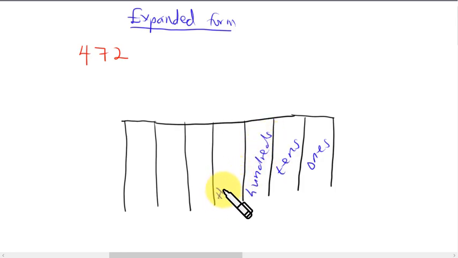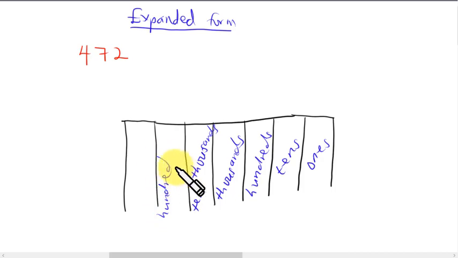Then the thousands column, the 10,000s, then the 100,000s, then we come to millions. So we have 1, 2, 3, 4, 5, 6, 7.